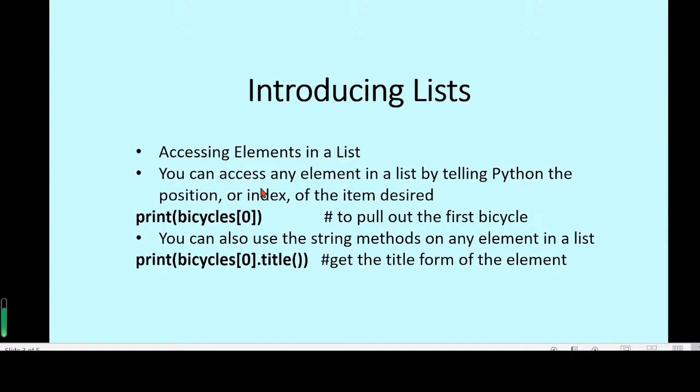You can access any element in a list by telling Python the position or index of the item desired. For example, we can print the first bicycle in this list. You can also use the string method on any element in a list, so we can get the title form of the first bicycle.